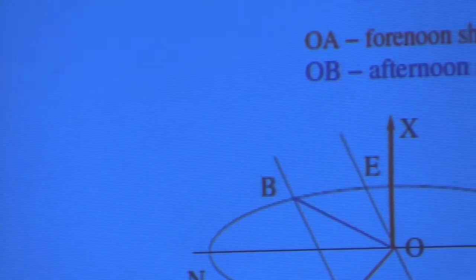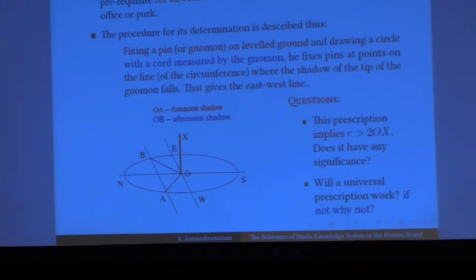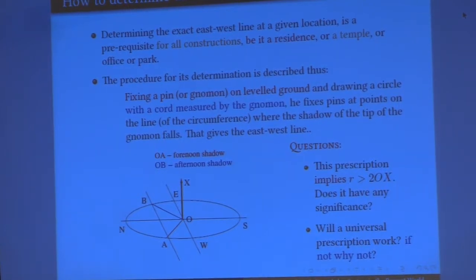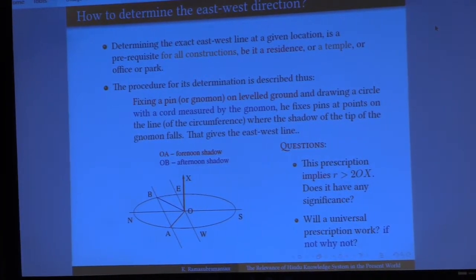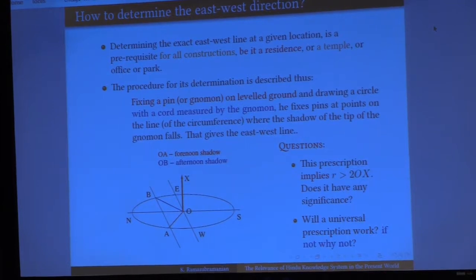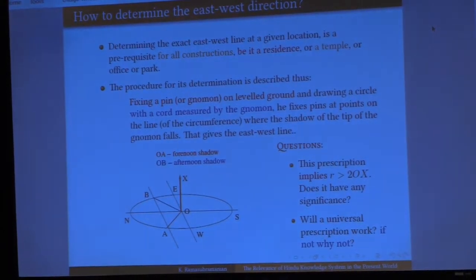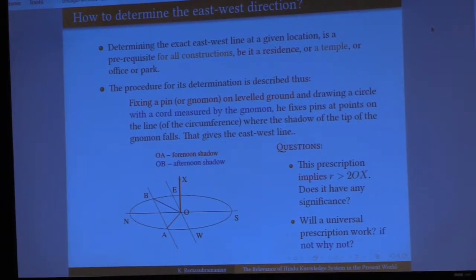So we have a text called Shulva Sutra, which is a part of Kalpa Sutra, which is a Vedanga, and this text gives a very interesting experiment which can be conducted. And this is a foolproof experiment, let me tell you. You can take it from me. All that it says is you have to erect a gnomon and ensure a certain flat plane. Then this can be performed on any given day at any given location on the earth.